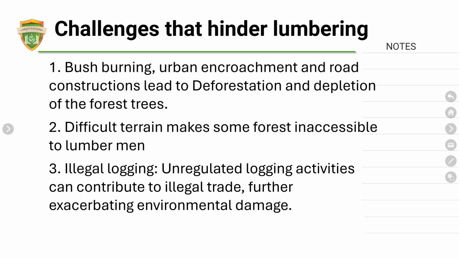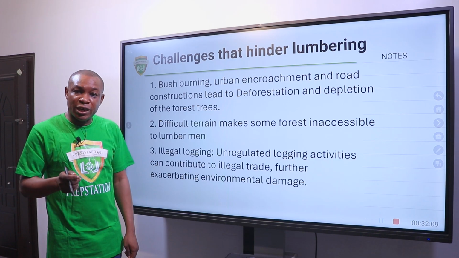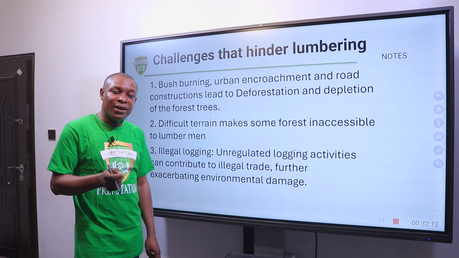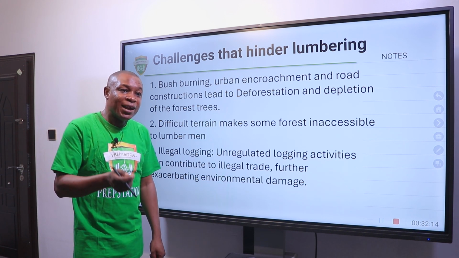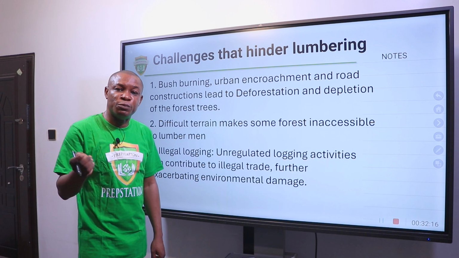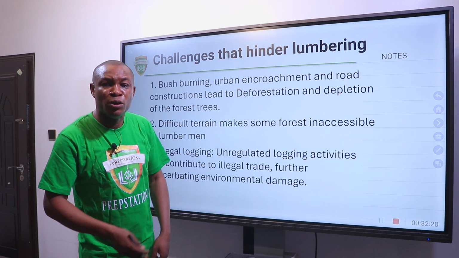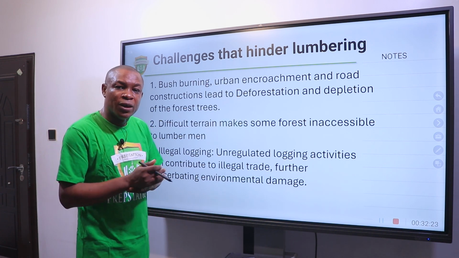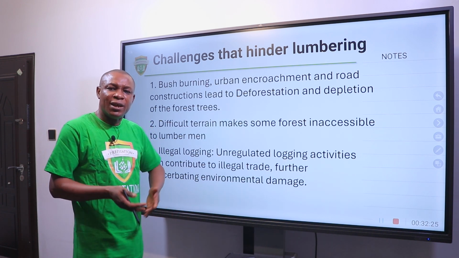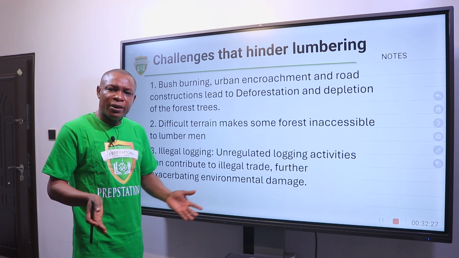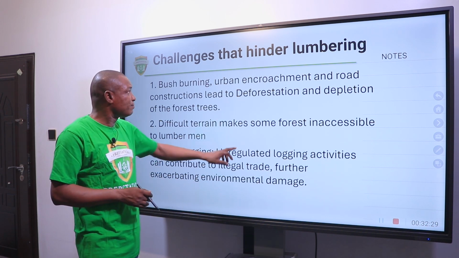Unregulated logging activities can contribute to the illegal trade and further exacerbate environmental damage. A sustainable lumbering activity requires that only mature tree stands should be cut down, and as you cut down, you plant as many trees as possible to replace the ones that you've cut down. That's sustainable exploitation of the forest trees.